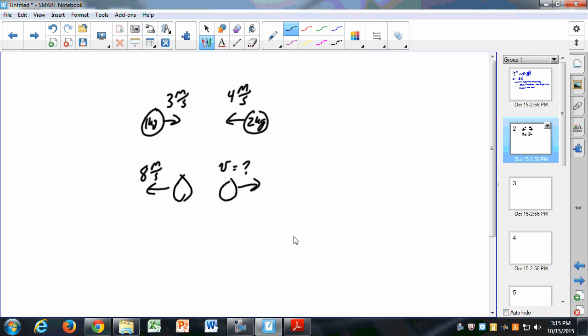This is like one of the first problems we worked. I would say the initial momentum of this scenario equals the final momentum. So the initial momentum is m1v1i plus m2v2i.